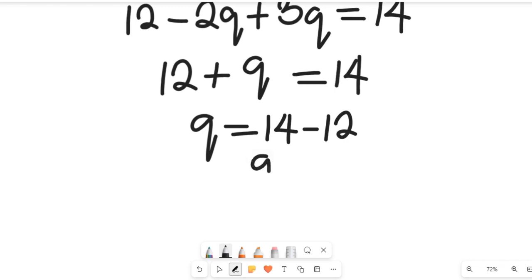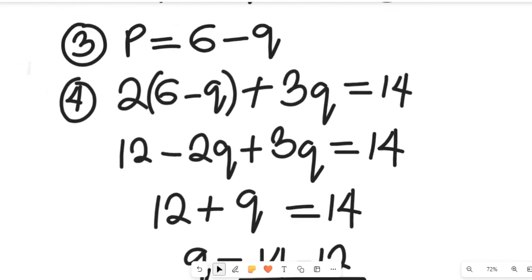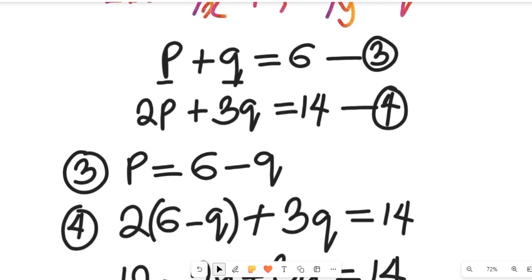Now, 14 minus 12, our q will be equal to 2. So the value of q is equal to 2. Now, having seen that our q is equal to 2, we can now take the value of that q equal to 2 and substitute it into either equation 3 or 4.